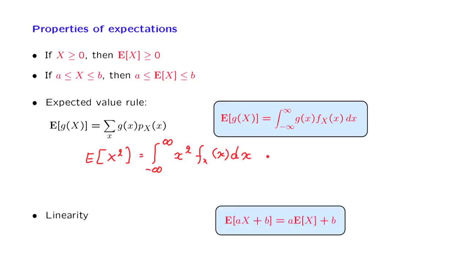Finally, a most important property of expectations is linearity. Linearity is still true for continuous random variables as well, and the way it is derived is exactly the same as in the discrete case, namely we apply the expected value rule to this function of the random variable X and separate out the various terms.